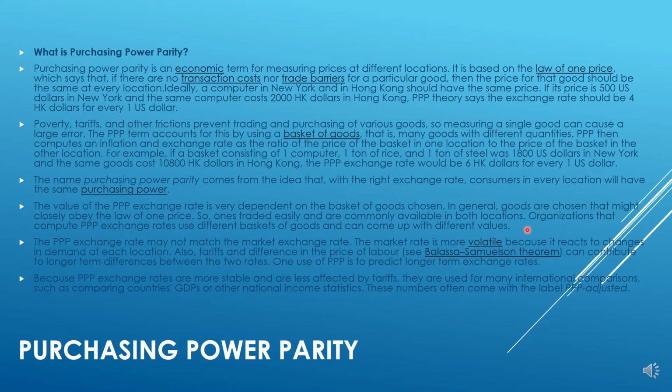In general, goods are chosen that might closely obey the law of one price, so ones traded easily and commonly available in both locations. Organizations that compute purchasing power parity exchange rates use different baskets of goods and can come up with different values.